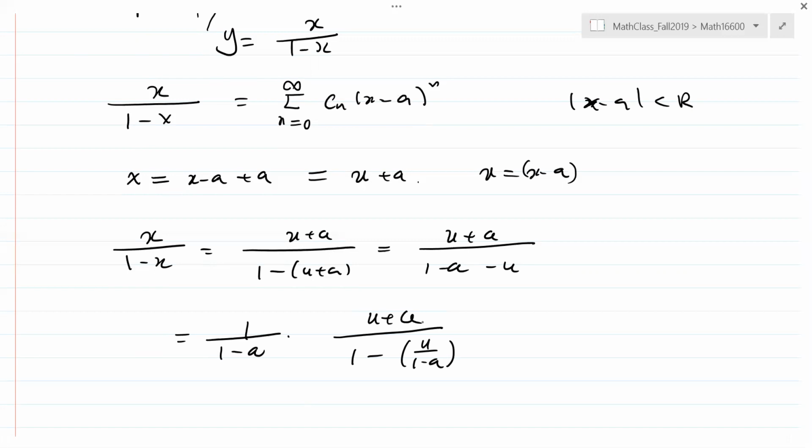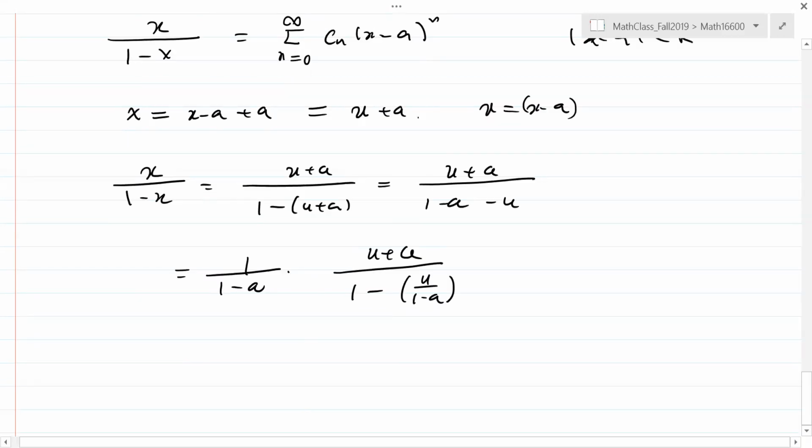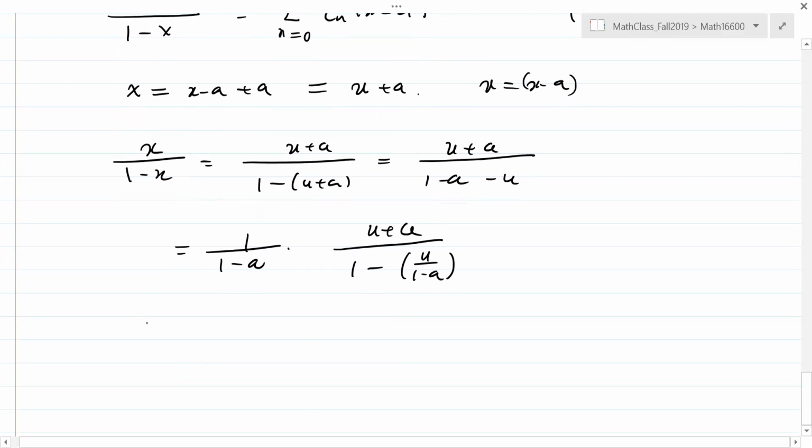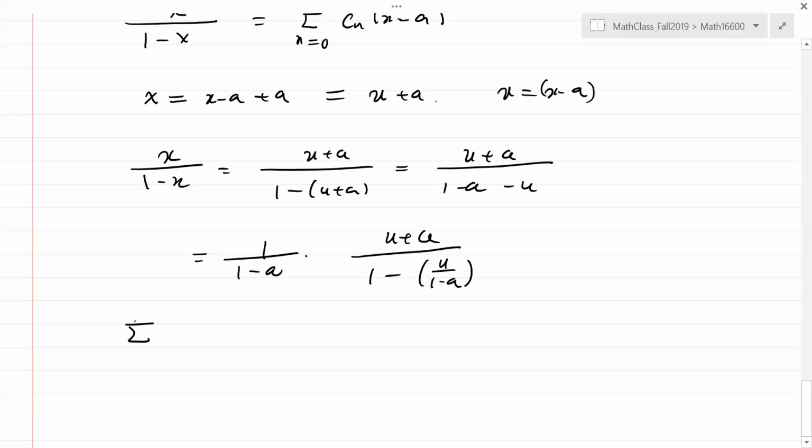So we have to have two functions separate. What I'm going to do is use the following formula. If we start from n equals 0, the sum of w to the nth power is 1 over 1 minus w, as long as the absolute value of w is less than 1.